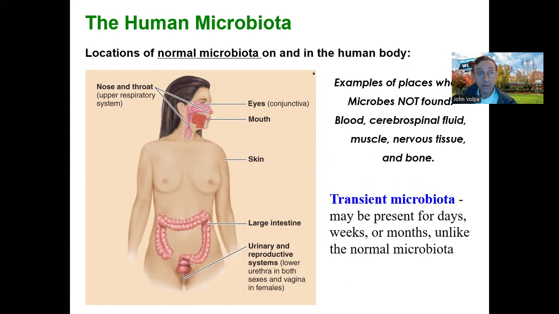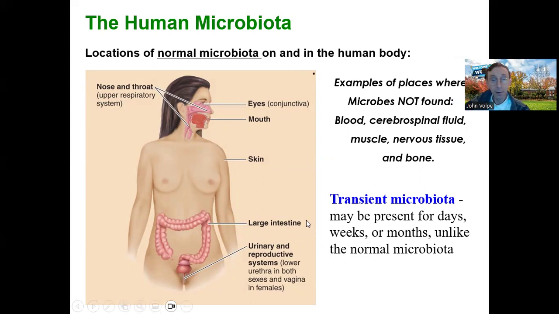The gastrointestinal tract has a lot of normal microbiota. The lower urinary reproductive systems, meaning the lower urethra on both males and females, have normal microbiota.